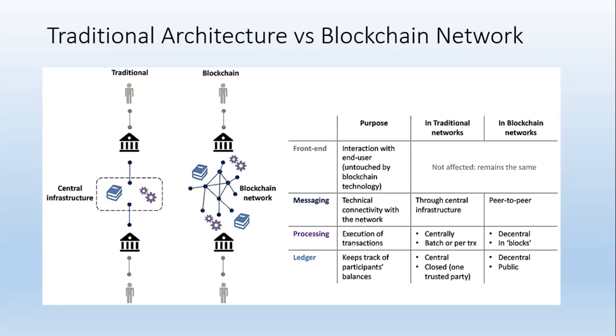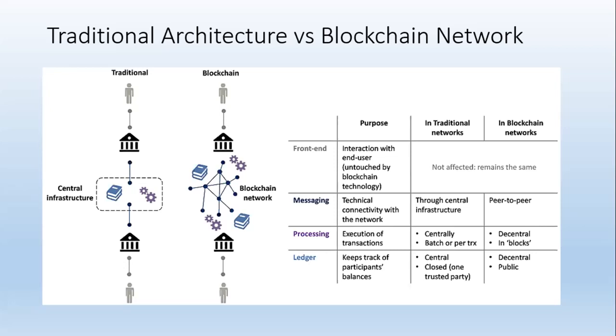And in terms of processing and execution of transactions, in the traditional network architecture there is a central authority. So every transaction goes through a central authority. He or she will verify, and then the process continues. Whereas with the blockchain network, it is decentralized. That means there is no intermediary and no central authority. So it is peer-to-peer, where the processing takes place.